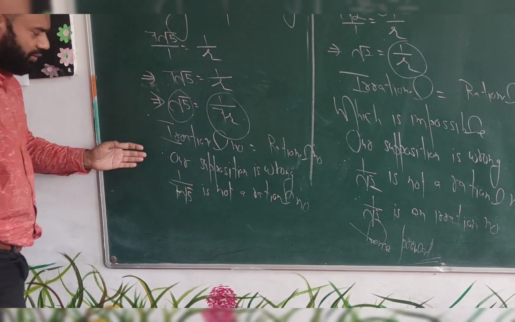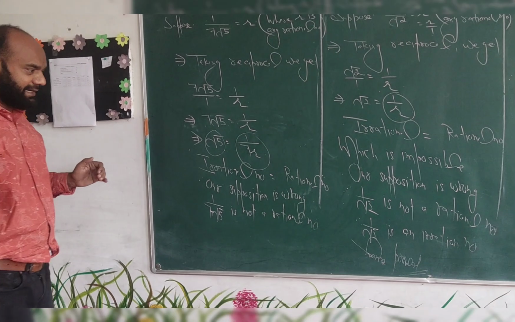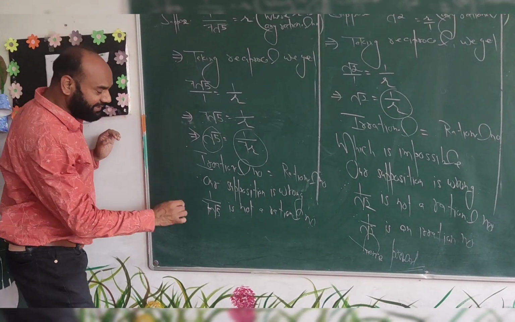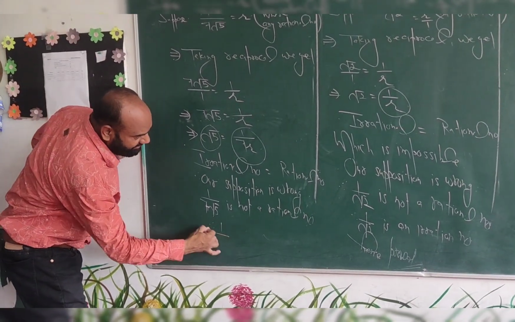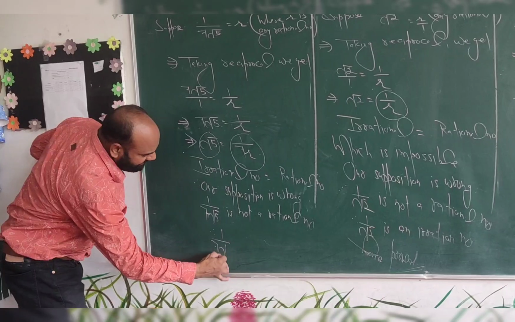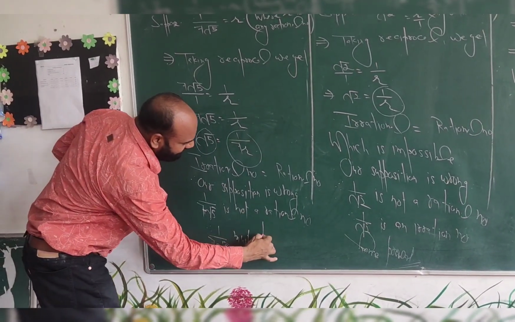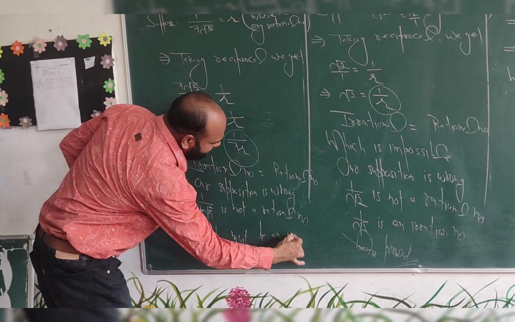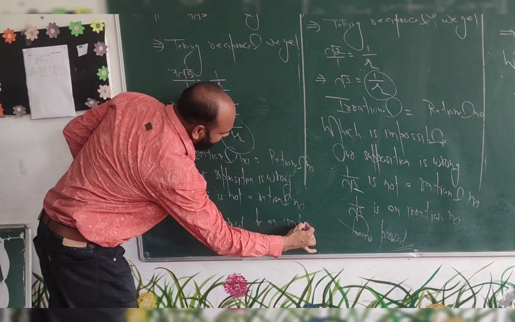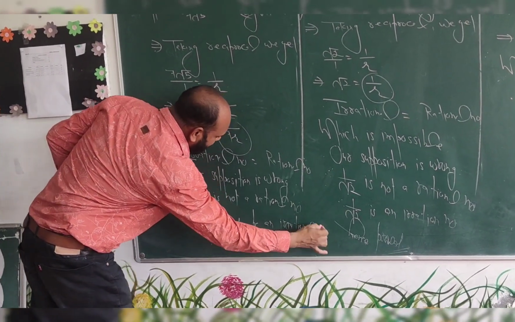And when 1 upon 7 root 5 is not a rational number, then it must be an irrational number. Therefore 1 upon 7 root 5 must be an irrational number. Hence proved.